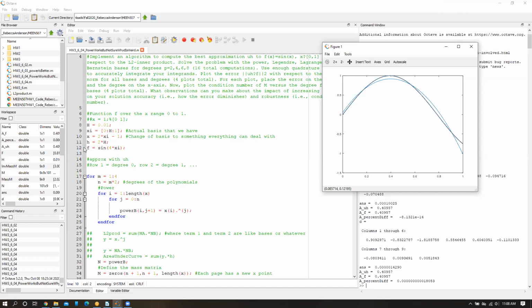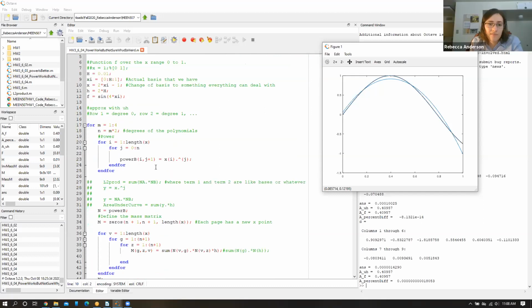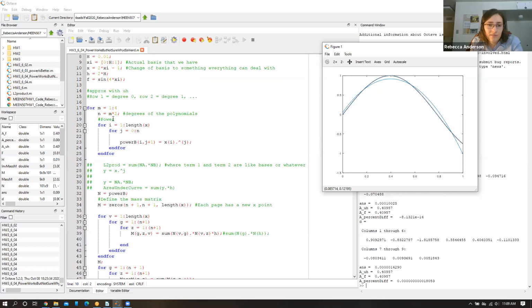Okay. And then I have, so this is the power basis. Okay, and the power basis should be in the xc. You're computing these in the parametric domain. Okay. Not the x domain, xc domain. You're going to evaluate the power basis at all of the xc values of the quadrature rule that you've chosen.